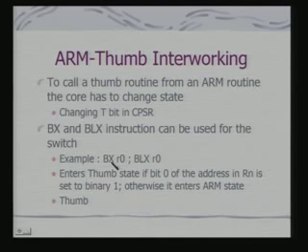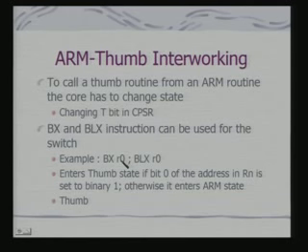So, when I execute BX or BLX while currently executing in ARM mode, it enters Thumb state if bit 0 of the address in Rn is set, because this register can be any of the registers. Here as an example I have shown R0.